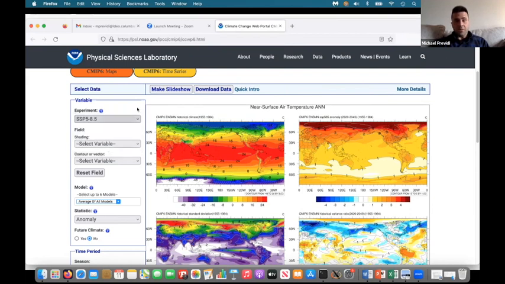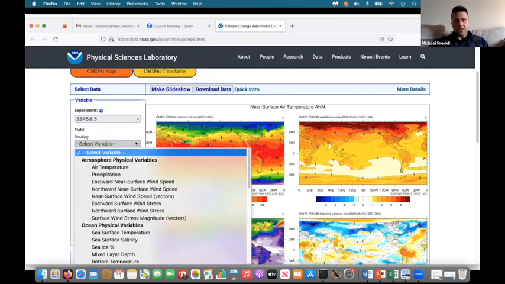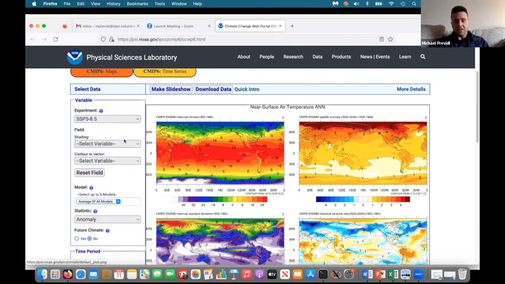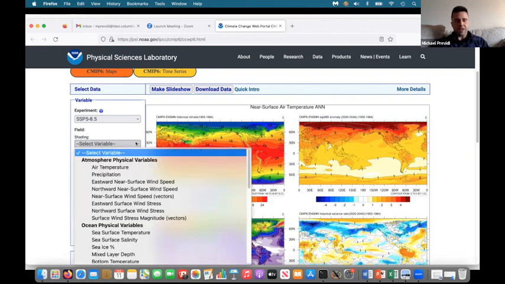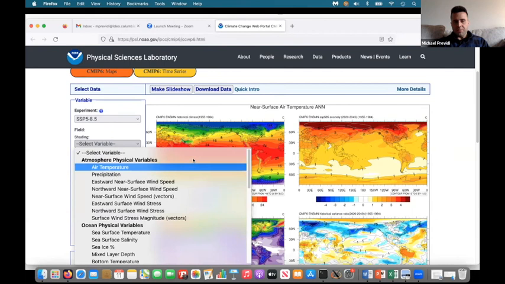You have the option of plotting a number of different fields, and those fields can be plotted as shading or as contours. In this example, you can see that we have near surface air temperature plotted as shading and overlaid with contours. So you have the option to plot it in either way. There's a number of atmospheric variables.